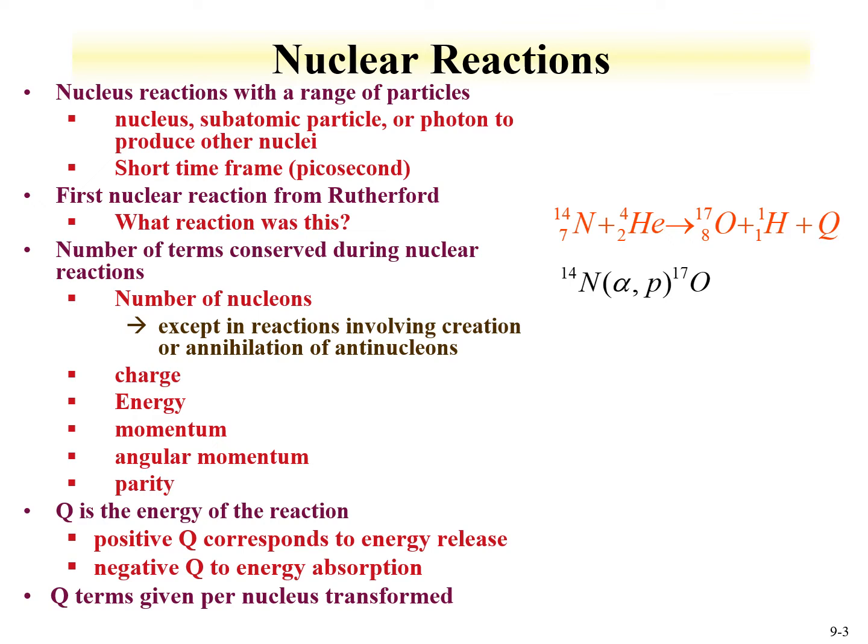As we've already discussed, there's a Q value which describes the reaction. Q value is the energy of the reaction. If it's positive, it corresponds to energy release, negative, energy absorption. And Q value, as we discussed earlier, is energy per nucleus transformed.